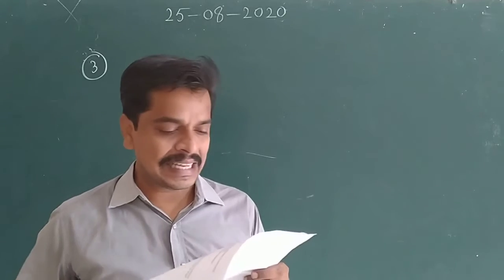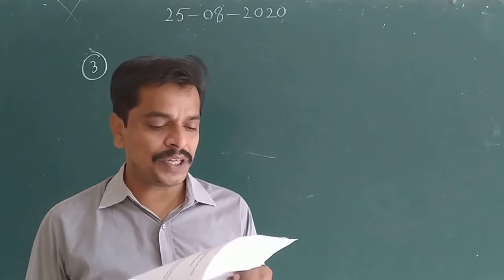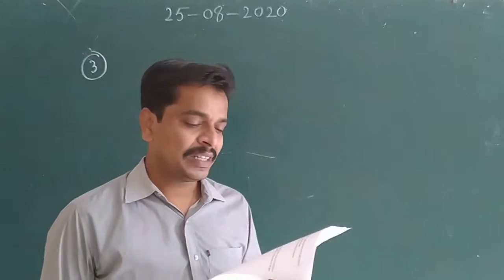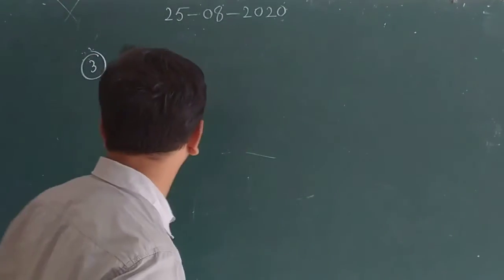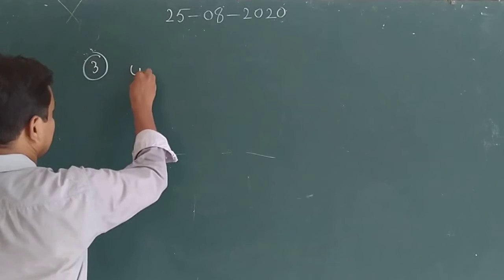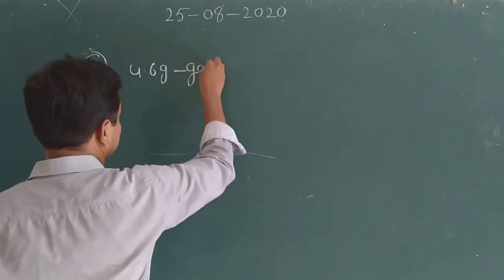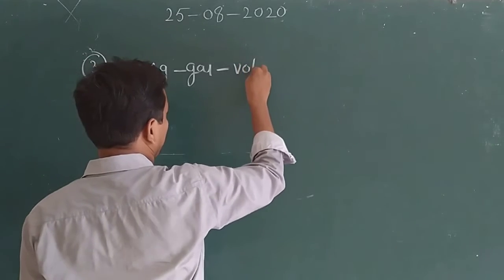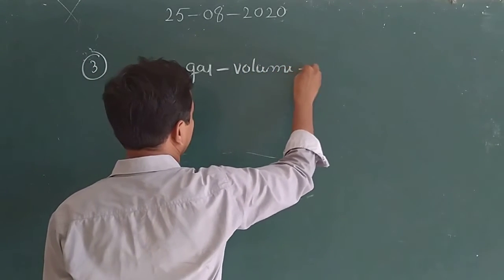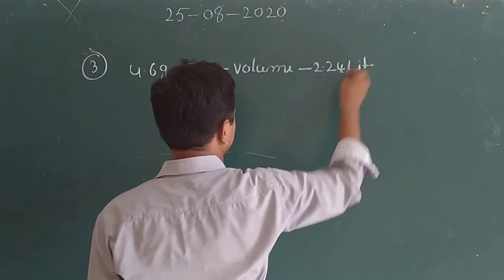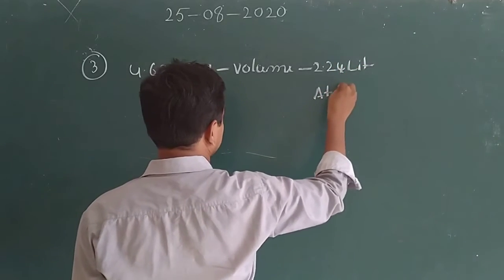Question number 3. 4.6 grams of gas at STP occupies a volume of 2.24 liters. The gas can be, students. Listen, students. 4.6 grams of gas occupies a volume of 2.24 liters at STP, students.